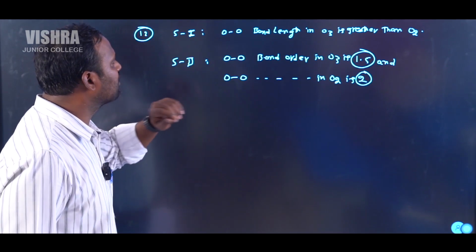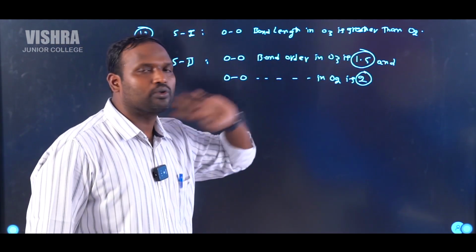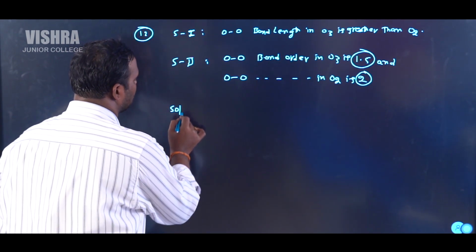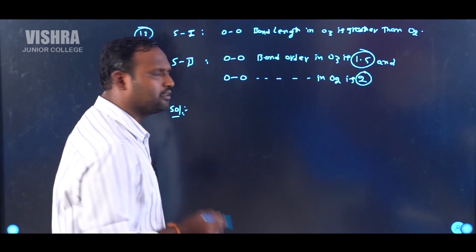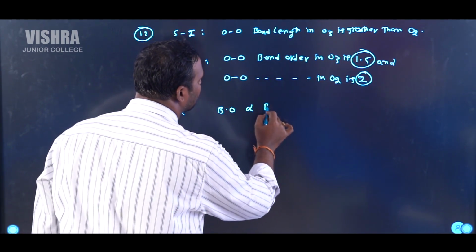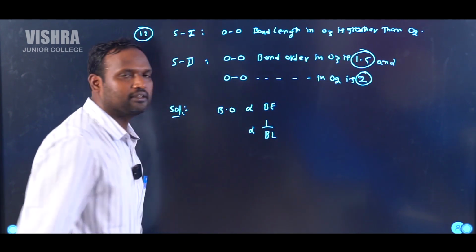Suppose we take statement 1, the oxygen bond length in ozone is greater than O2. Is it correct or not? Already you know the relationship between bond order and bond length. Bond order is directly proportional to bond energy and inversely proportional to bond length.